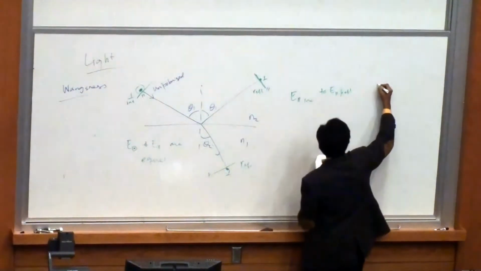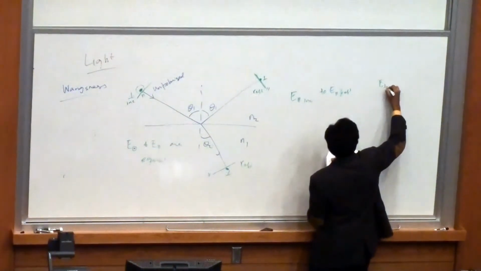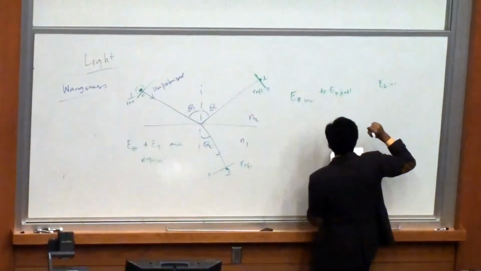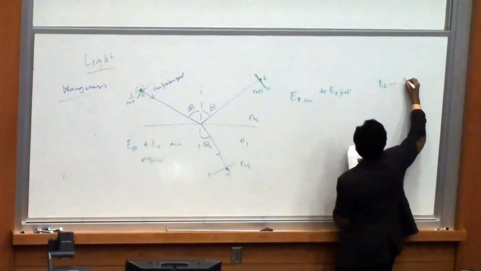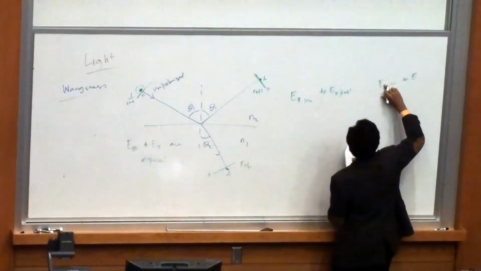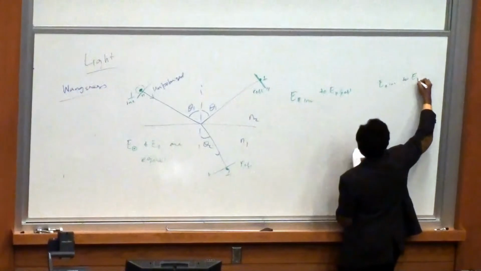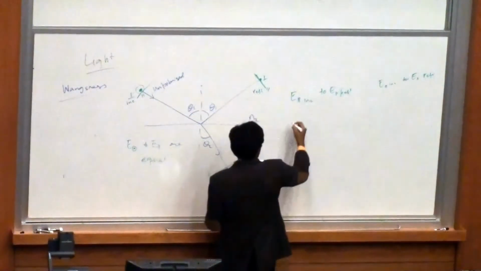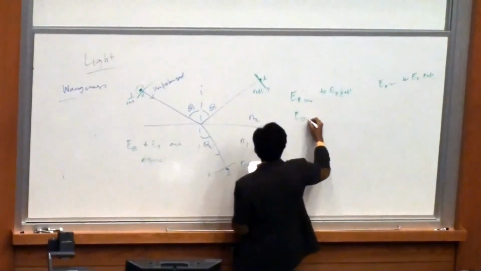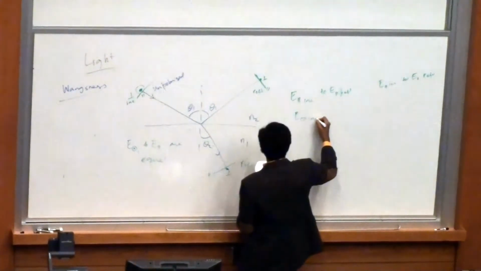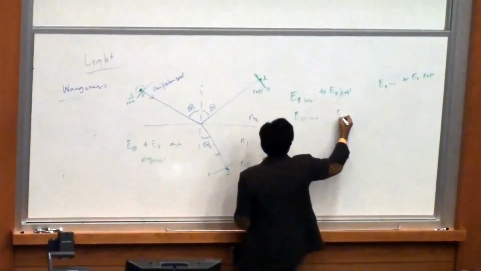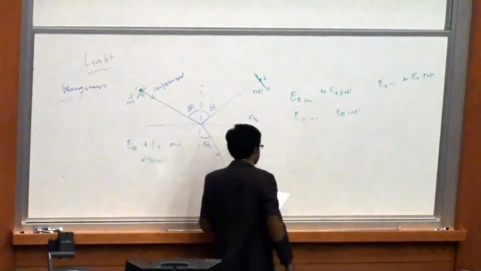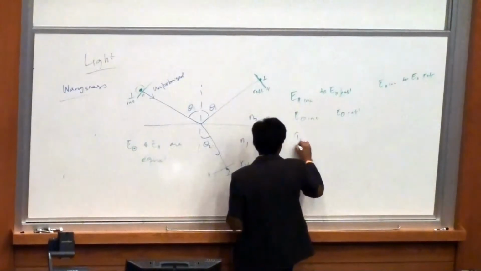And you can do E parallel in the incidence to E parallel in the refracted. So you have two equations there. You can also do E perpendicular in the incidence to E perpendicular in the reflected, and so on. Basically it's a lot of work, and you essentially get 4 equations.